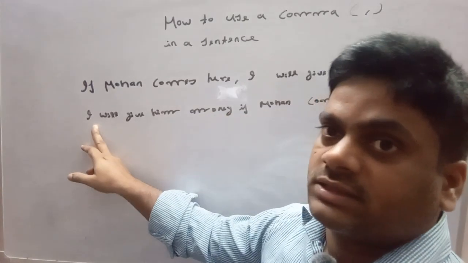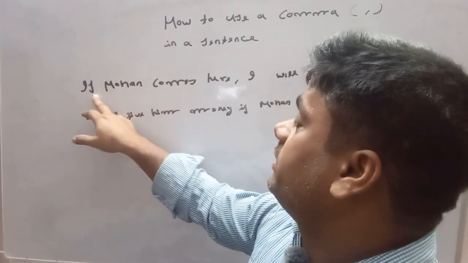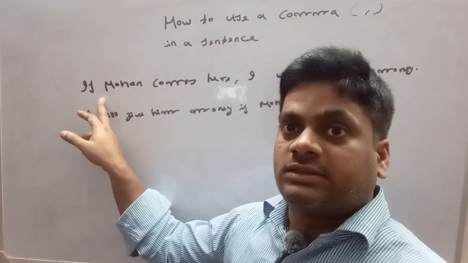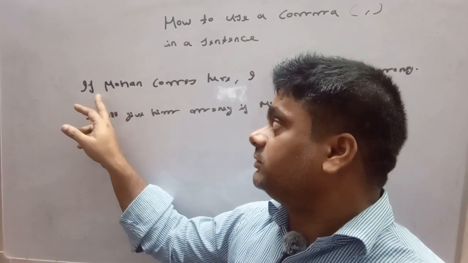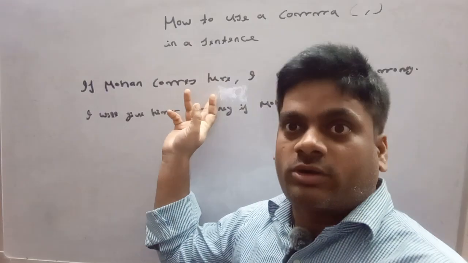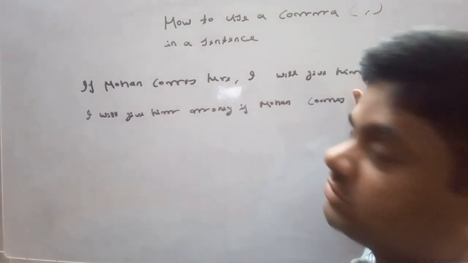Here we have started with the sentence of subordinate clause. If Mohan comes here, here we have started the sentence from a subordinate clause. If Mohan comes here, it is a sentence of subordinate clause, and I will give him money, it is the sentence of principal clause.